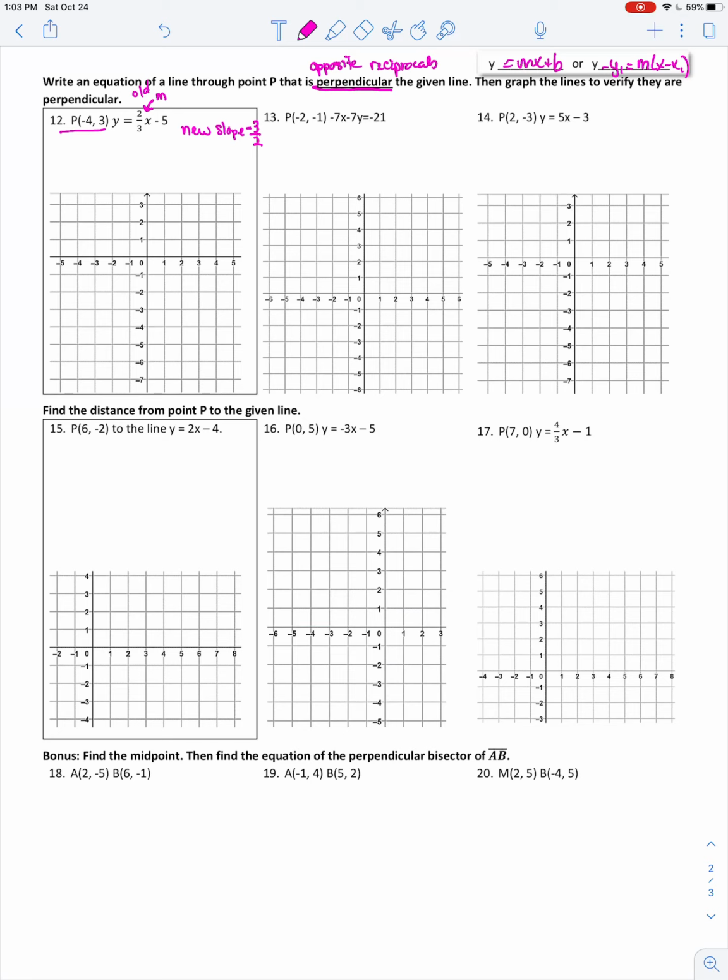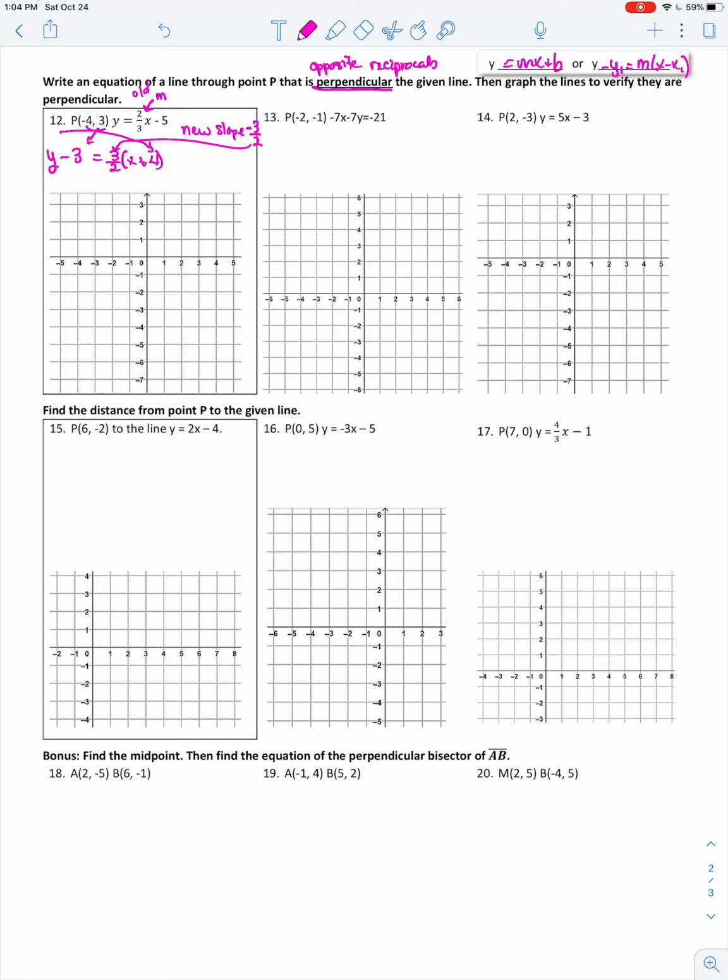That means that we can use our point-slope form and say y, change the sign of the y-coordinate, is equal to our slope times x, change the sign of the x-coordinate. So that is our new equation of our line.